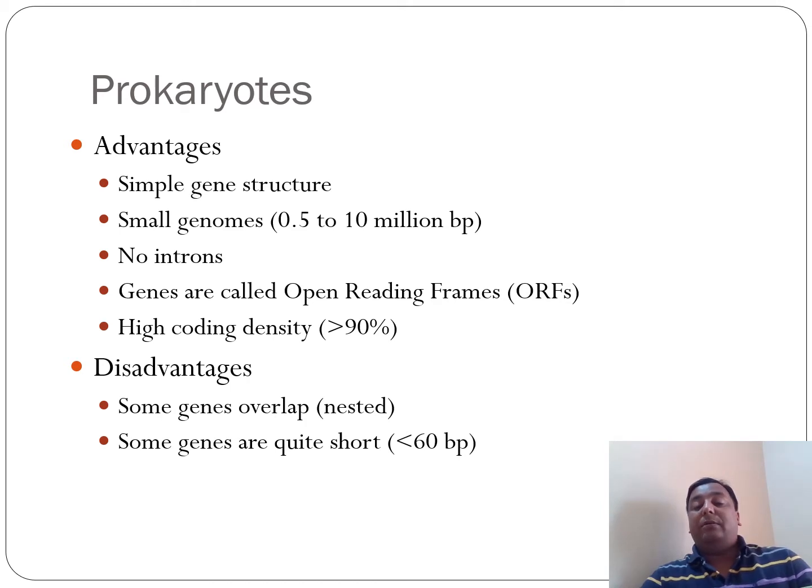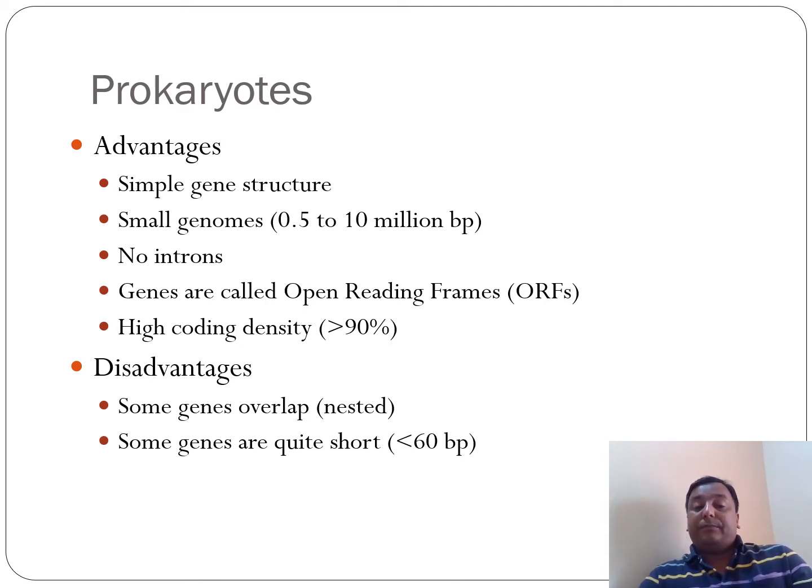That is the key difference: in prokaryotes no introns are there, whereas in eukaryotes exons and introns are there. Exons code the particular amino acids or proteins, by splicing out the introns alternatively.